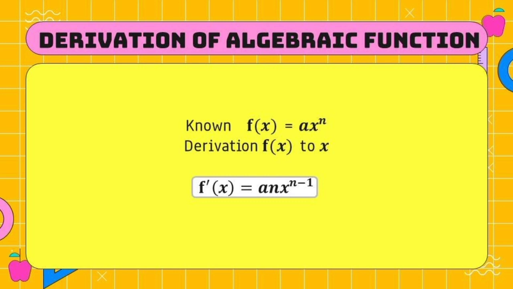The derivative of f(x) with respect to x is f'(x) equals a n x^(n-1). So, the coefficient is multiplied by the power of the variable x, and the power is reduced by 1.